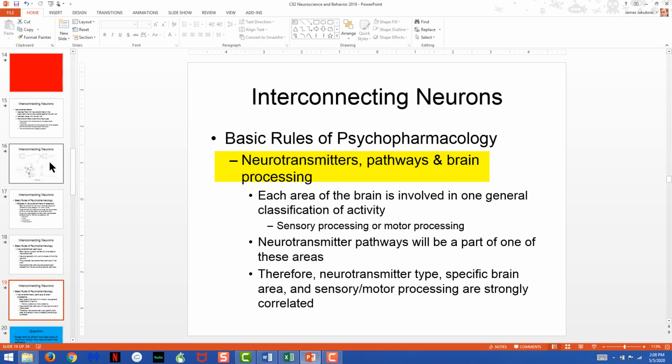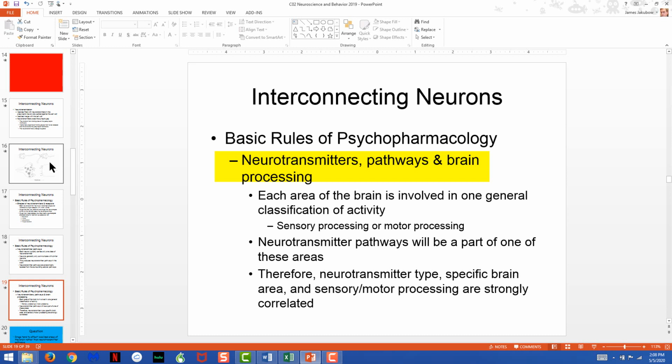So after your brain has essentially made a decision and it's going to control your muscles, it sends the information along output pathways. We haven't talked about those too much, but we're going to get to them. For now, know that the pathways out of the brain generally use acetylcholine as the neurotransmitter.